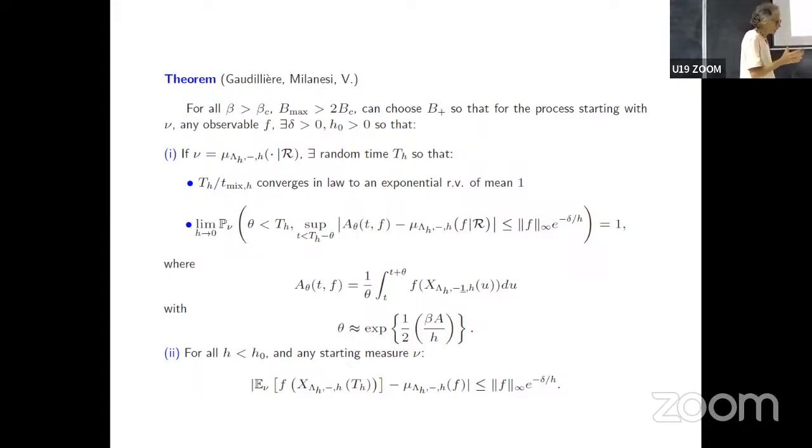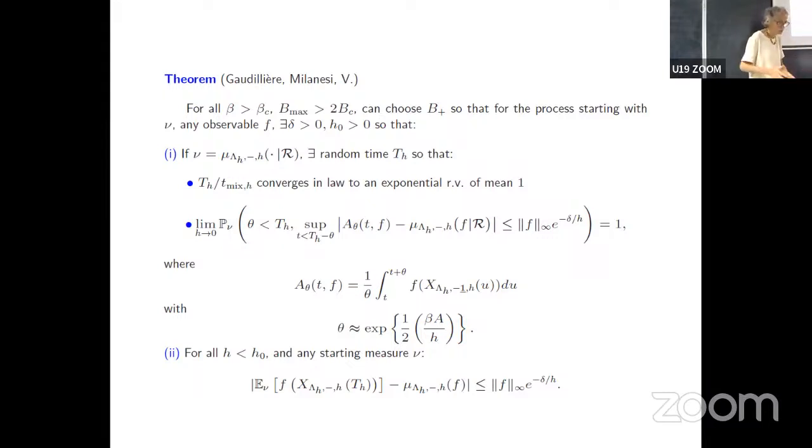And there is a much shorter scale in which you see thermalization, where the empirical process, the average over time, will be very close to mu minus.